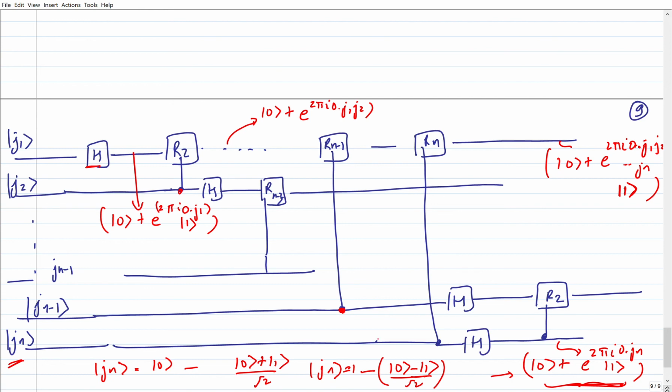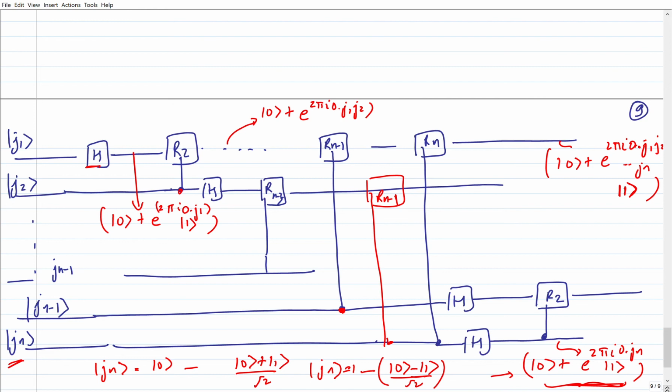So for example, from Jn over here it is going to be Rn minus 1. So on and so forth. Yeah, so you'll have to go through this circuit again to appreciate this pattern. But if you look at it, this is kind of a beautiful circuit.